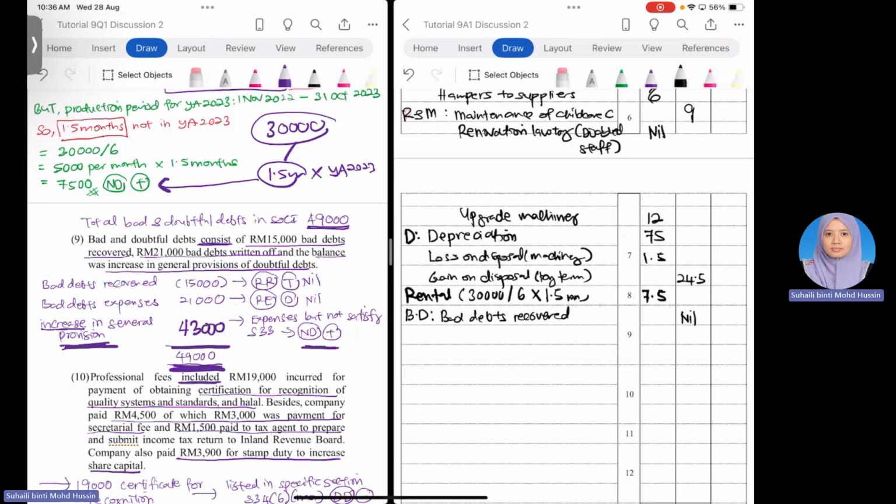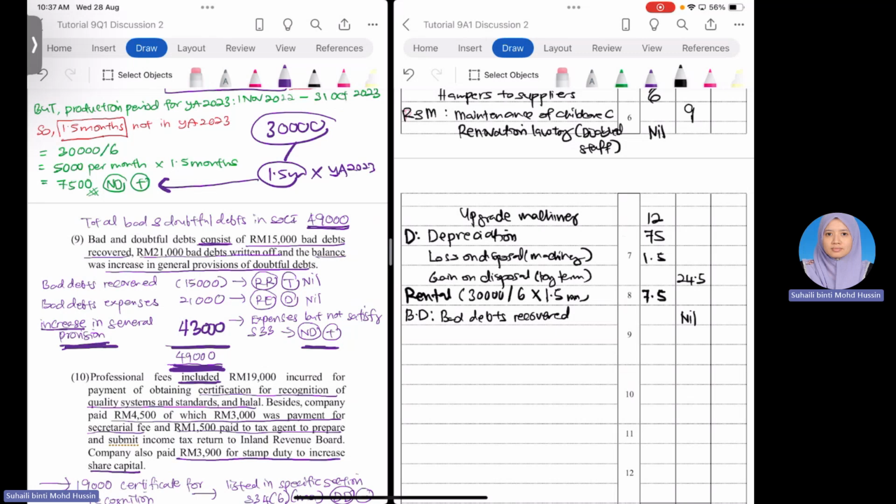Why added? This is revenue. In SOCI, you already added the amount, and for taxation purposes, no adjustment is needed. If you add 15,000 ringgit one more time, you tax this amount 2 times, which is supposed to be taxed only 1 time, because the 15,000 ringgit is already included in the net profit before taxation.